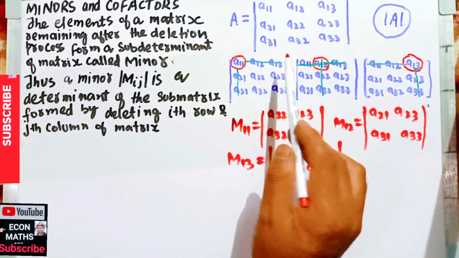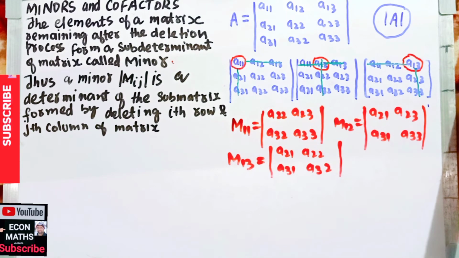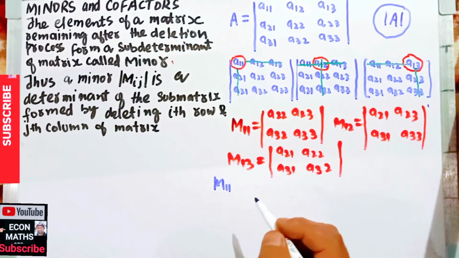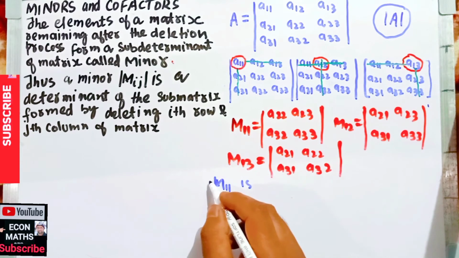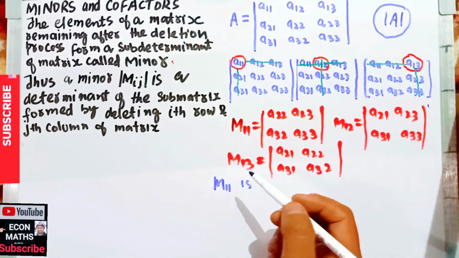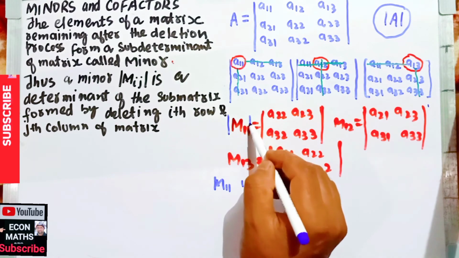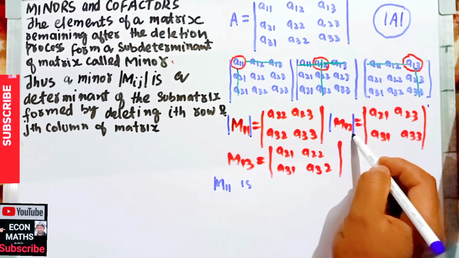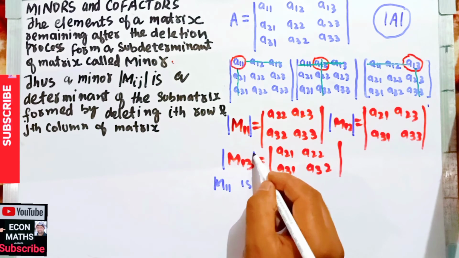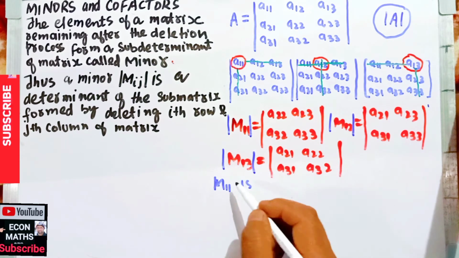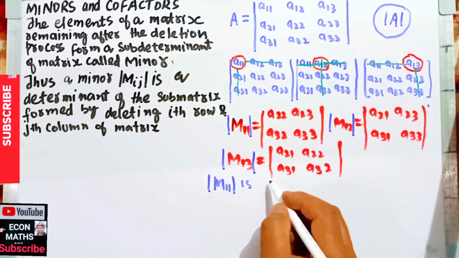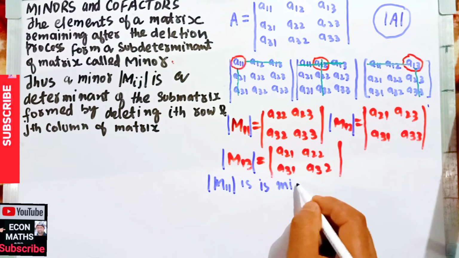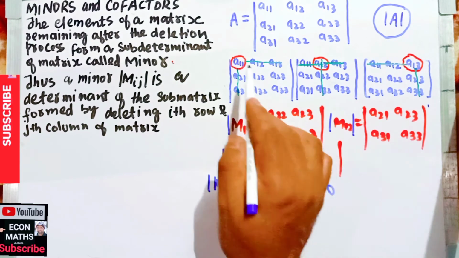That is, I will write here this M11 is, the minor is denoted by these two lines also. So this is the symbol for minor. Now therefore M11 is minor of this element, that is A11.